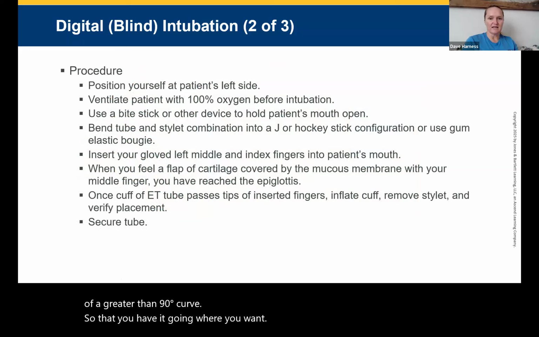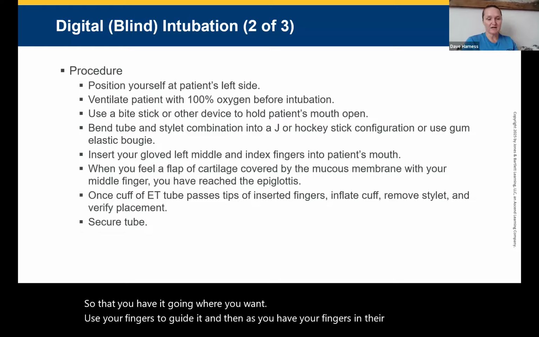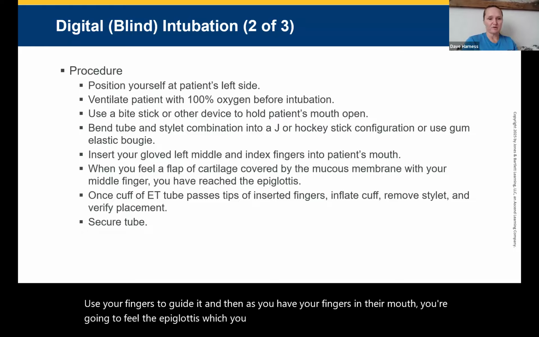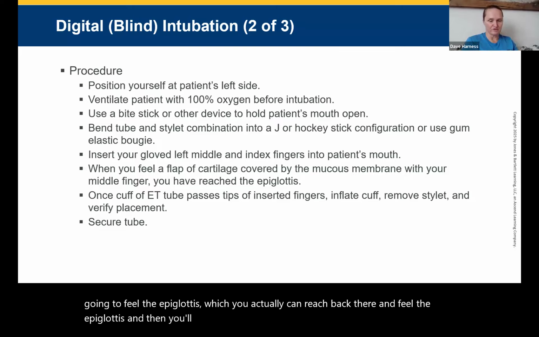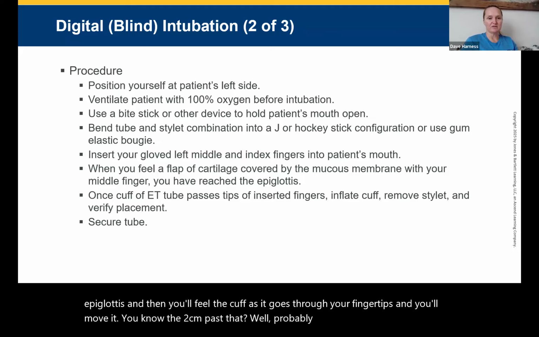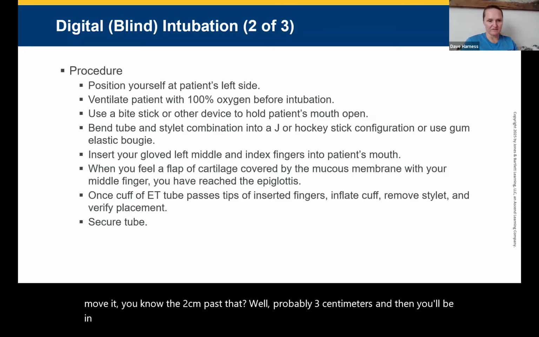Use your fingers to guide it, and as you have your fingers in their mouth, you're going to feel the epiglottis, which you actually can reach back there and feel. And then you'll feel the cuff as it goes through your fingertips, and you'll move it 2 centimeters past that, well, probably 3 centimeters, and then you'll be in the right spot, and then the rest of the procedure will go the same.